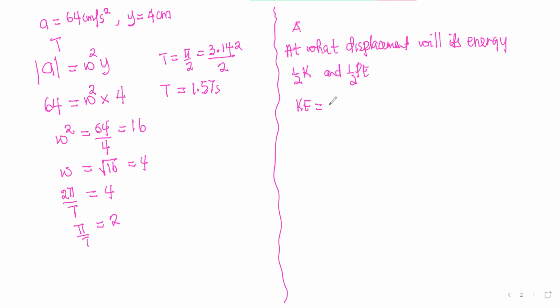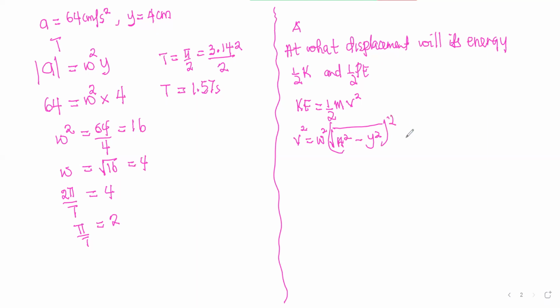This is half mv squared, but v squared. Let me take it bit by bit. Because v is equal to omega root of a squared minus y squared, when we square this, we must square this as well.